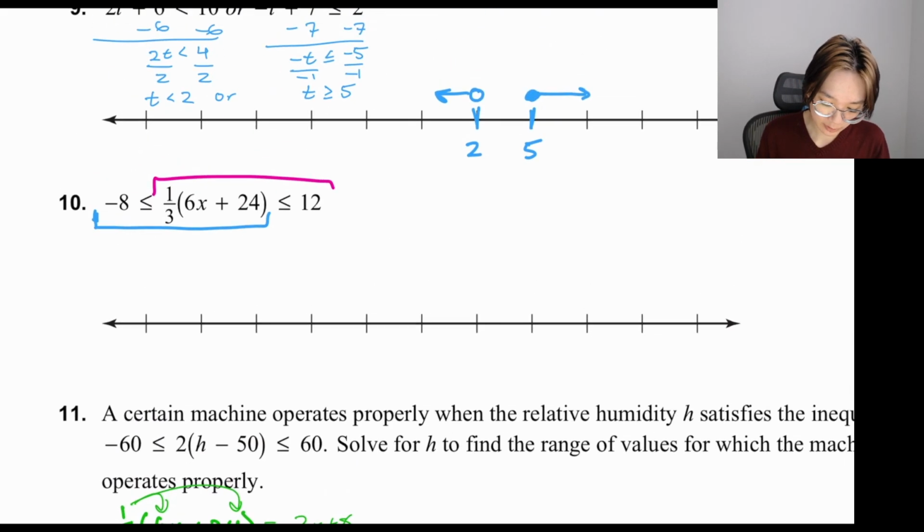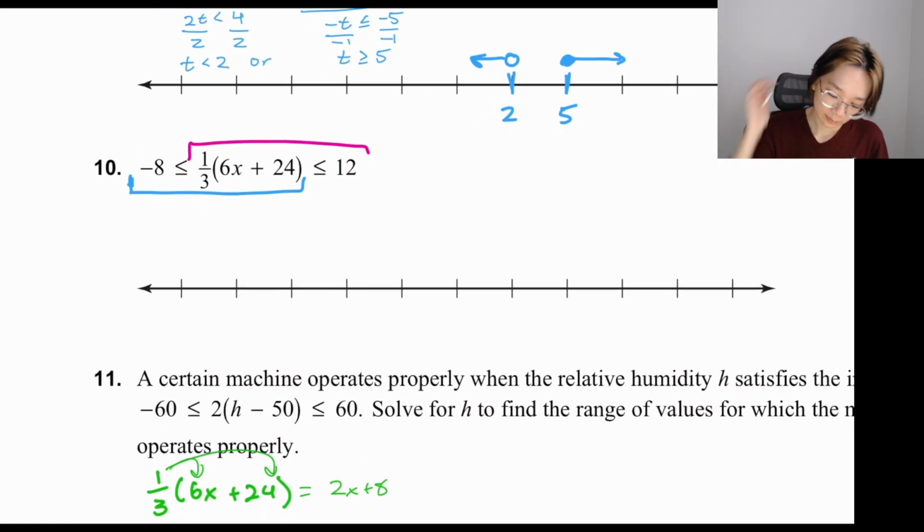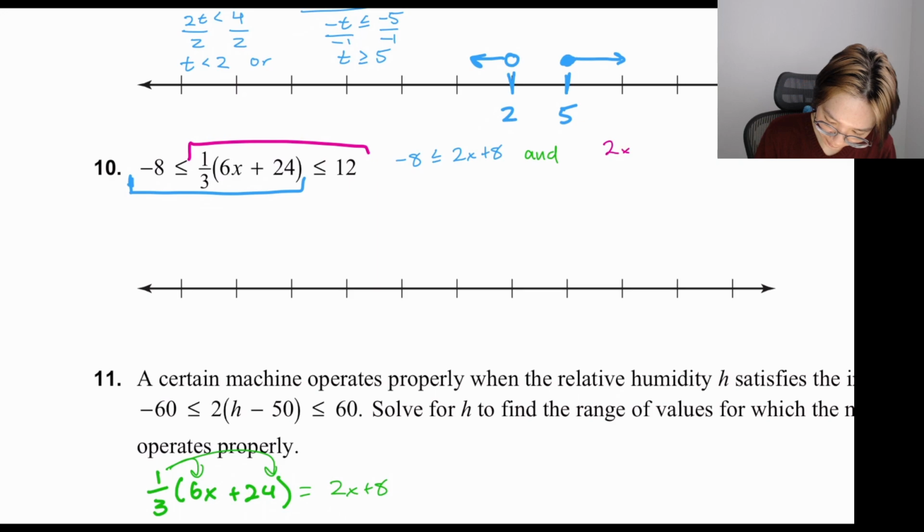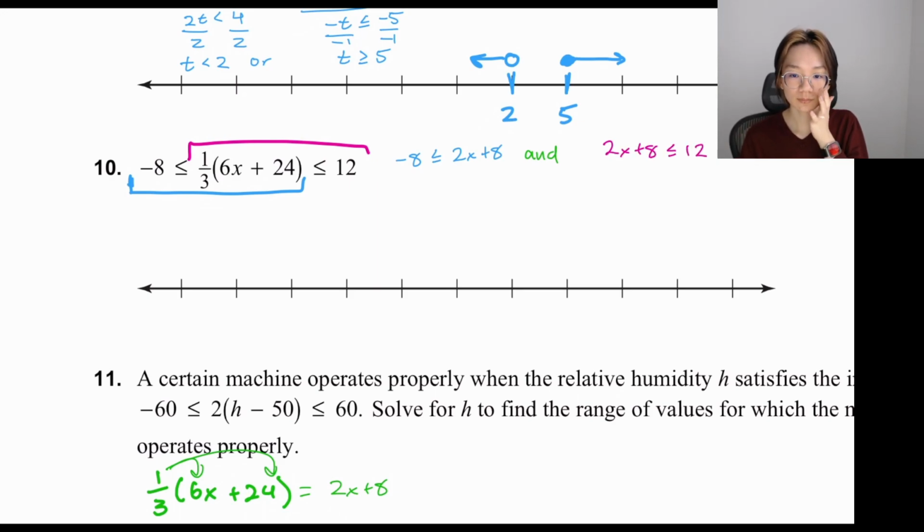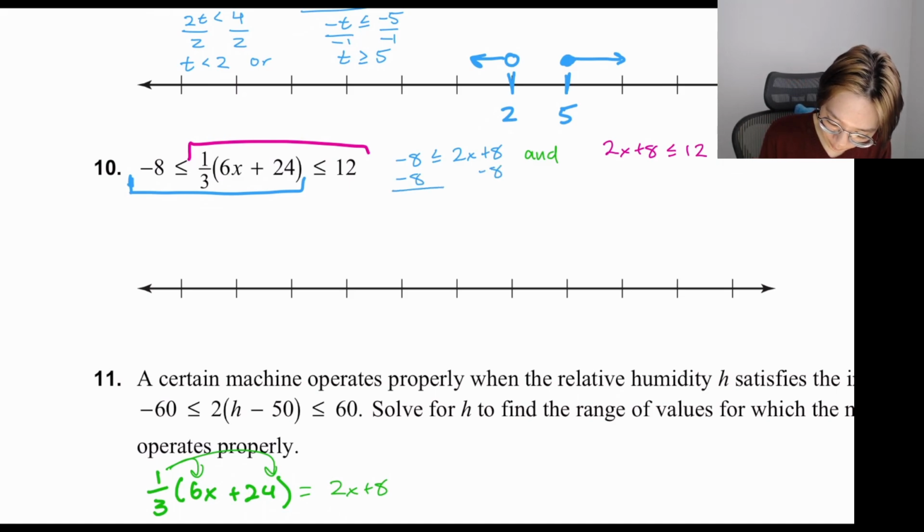So from here, I can split this into negative 8 is less than or equal to 2x plus 8, and 2x plus 8 is less than or equal to 12. I'm going to solve these out first before I show you another way you could do it.